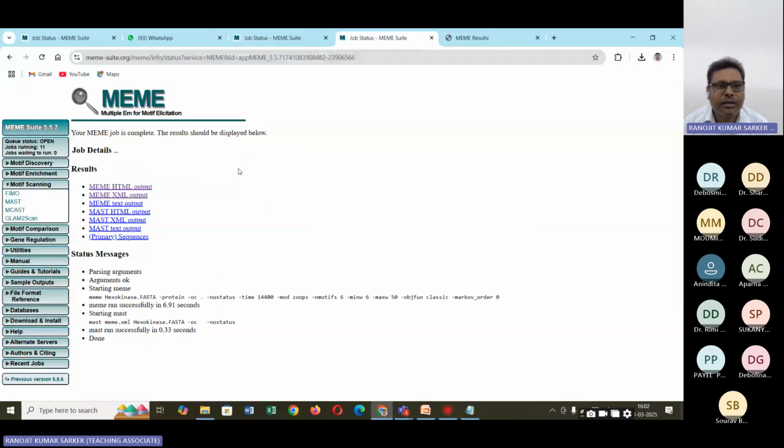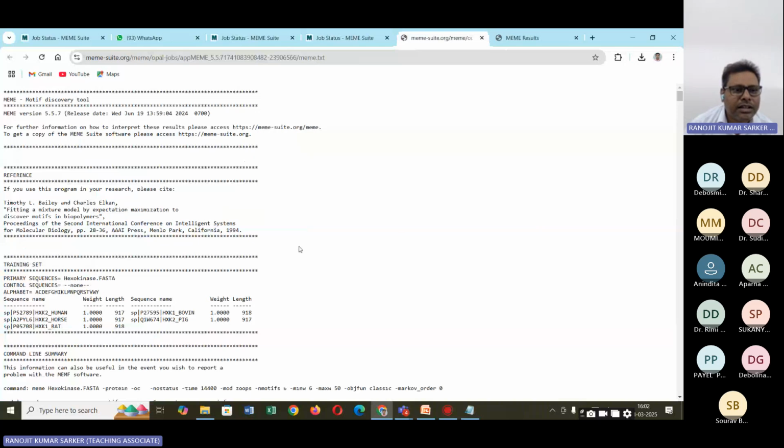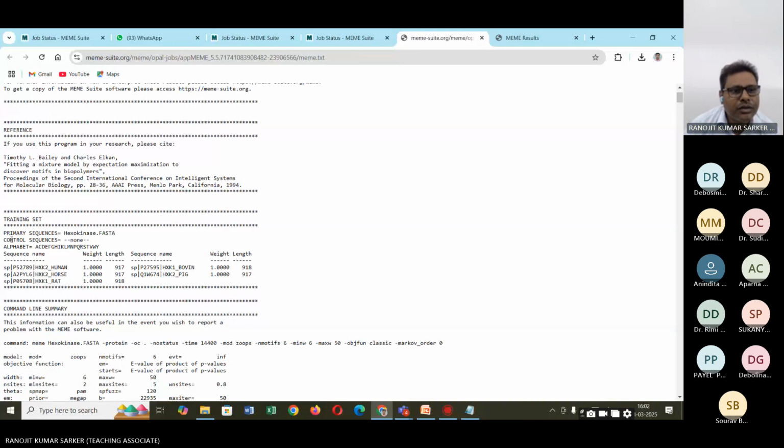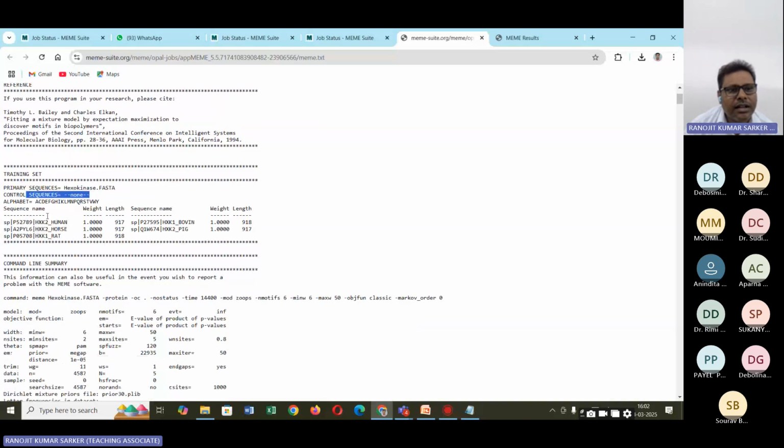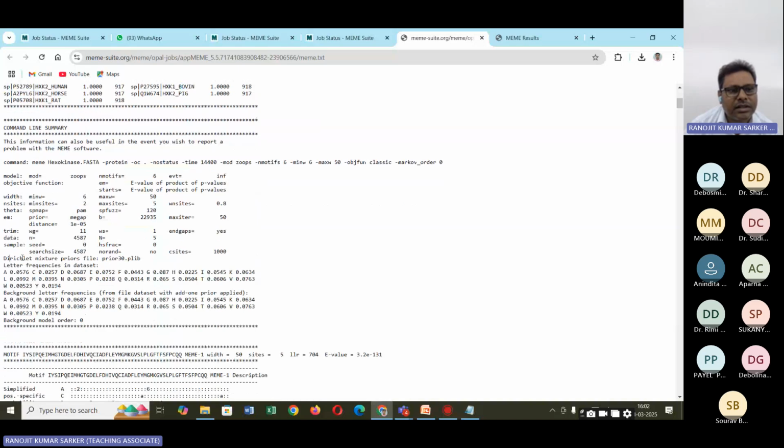Now we will go for the MEME text output. See, this is the MEME text output. So you will see the control sequence none. These are the sequences and the weight, the length, sequence name, and all the details of the positions.